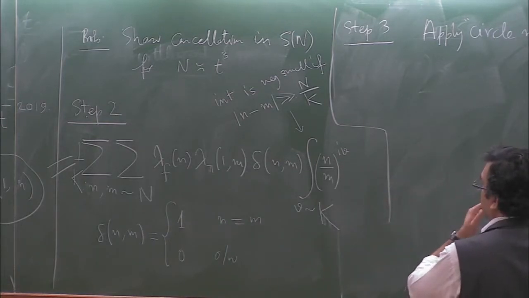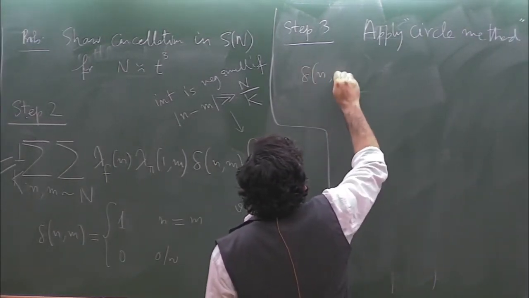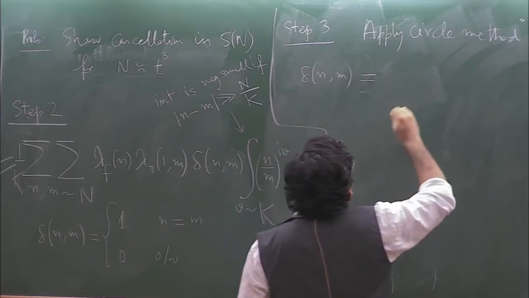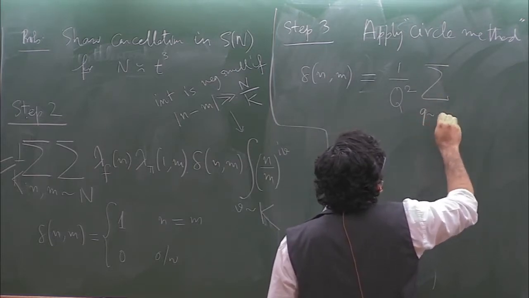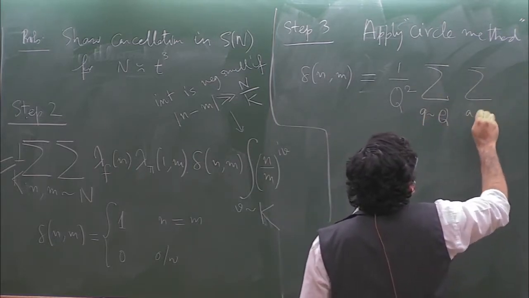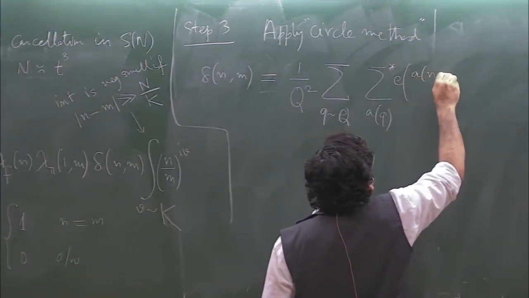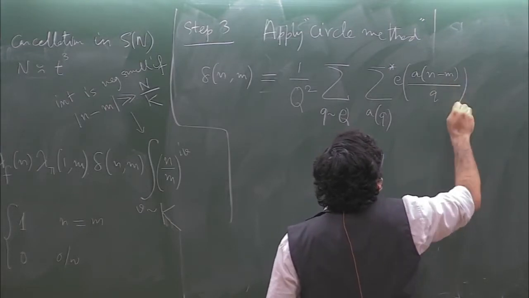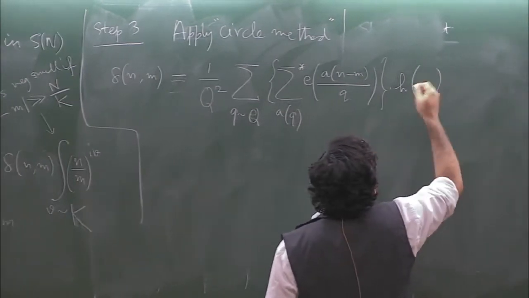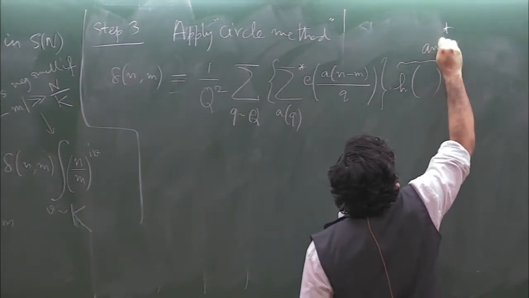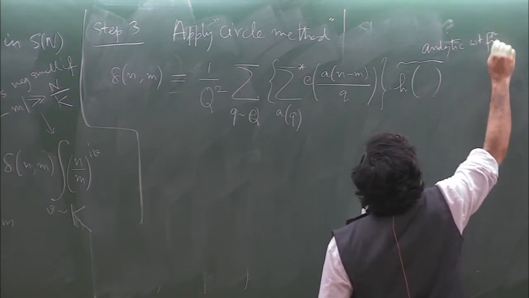Okay, so then we apply the circle method. Okay, so the circle method says that delta nm is equal to 1 by q square, sum over a modulo q co-prime with q, e of a times (n minus m) over q, times some weight come over here, this is some analytic weight function.